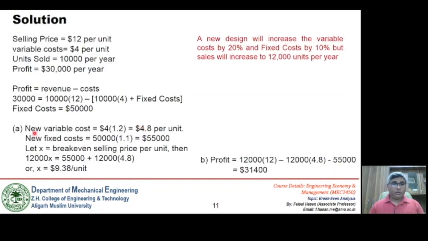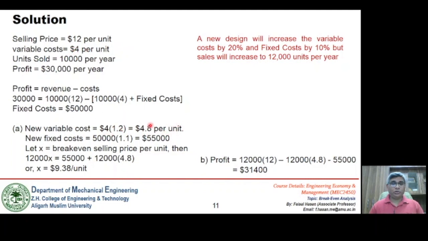If we look at the information with the new design, the new design will increase the variable cost by 20%. So the new variable cost will be 1.2 times the earlier variable cost of $4, so $4 into 1.2.